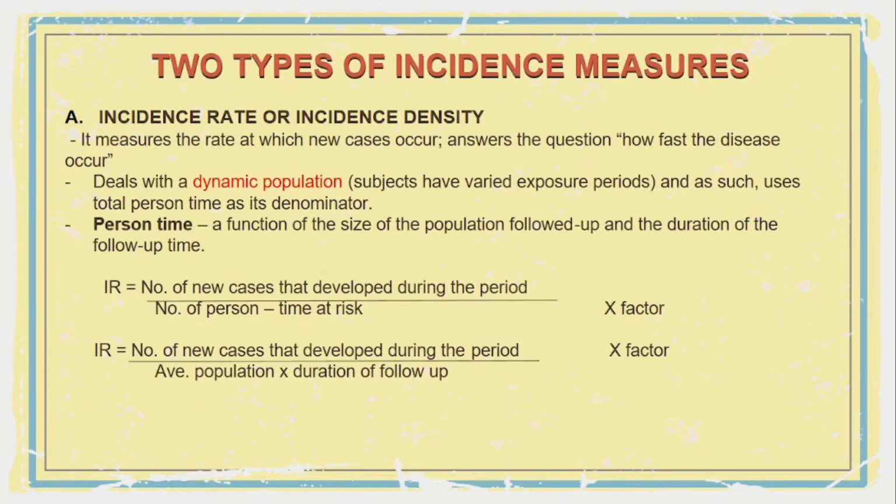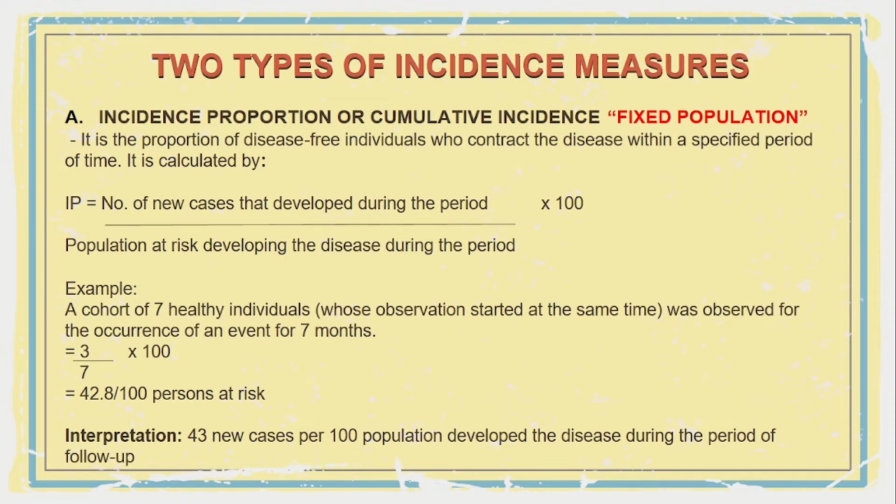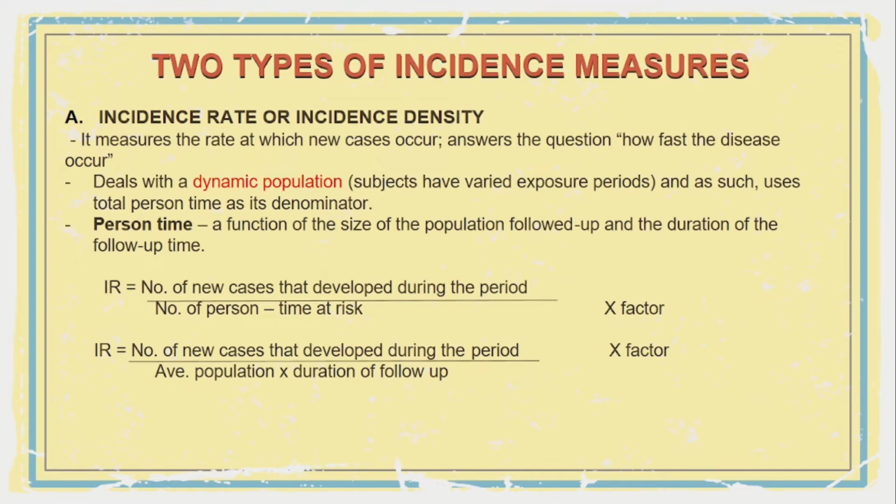Next, kung si incidence proportion sa fixed population siya, sa study ng fixed population, si incidence rate naman or incidence density, it measures the rate at which new cases occur. However, it answers the question how fast the disease occur and deals with the dynamic population. So subjects have varied exposure periods and as such uses total person time as indicator.